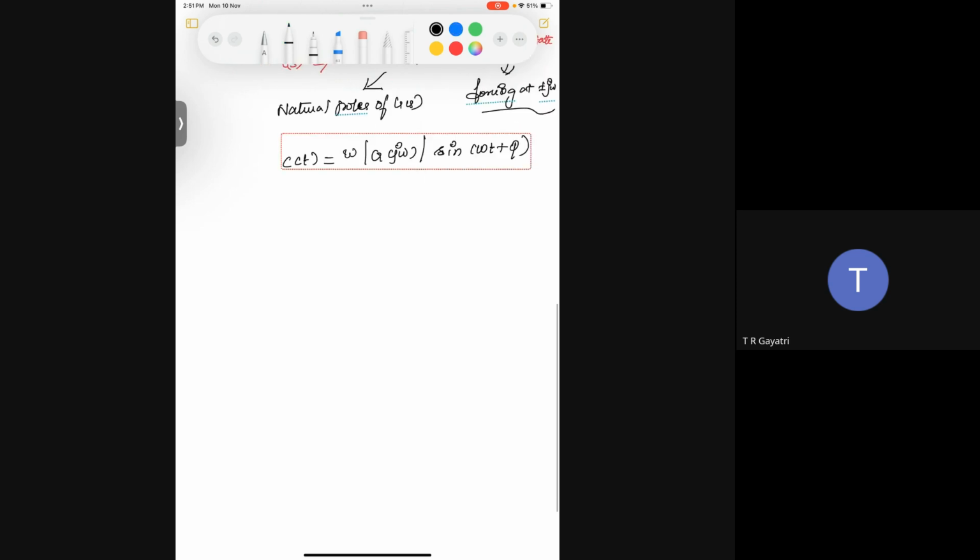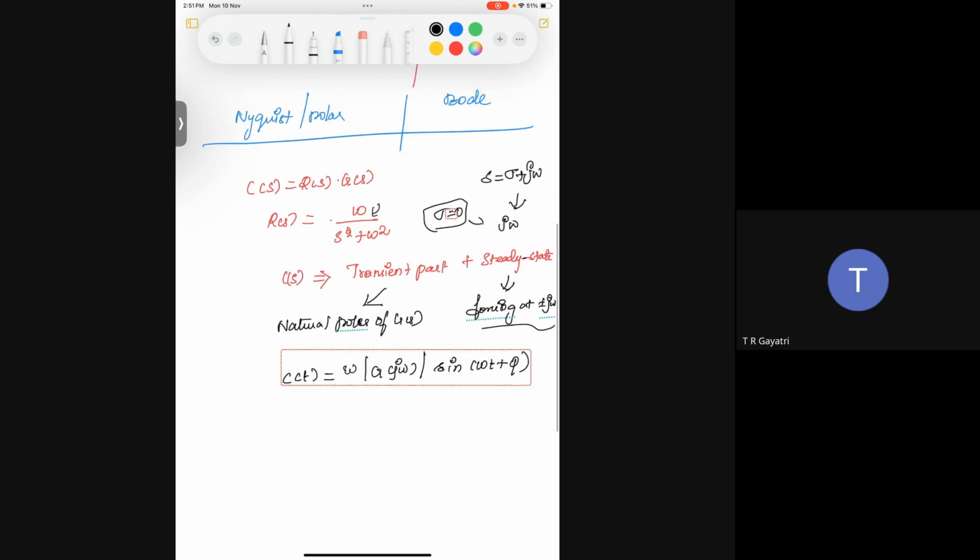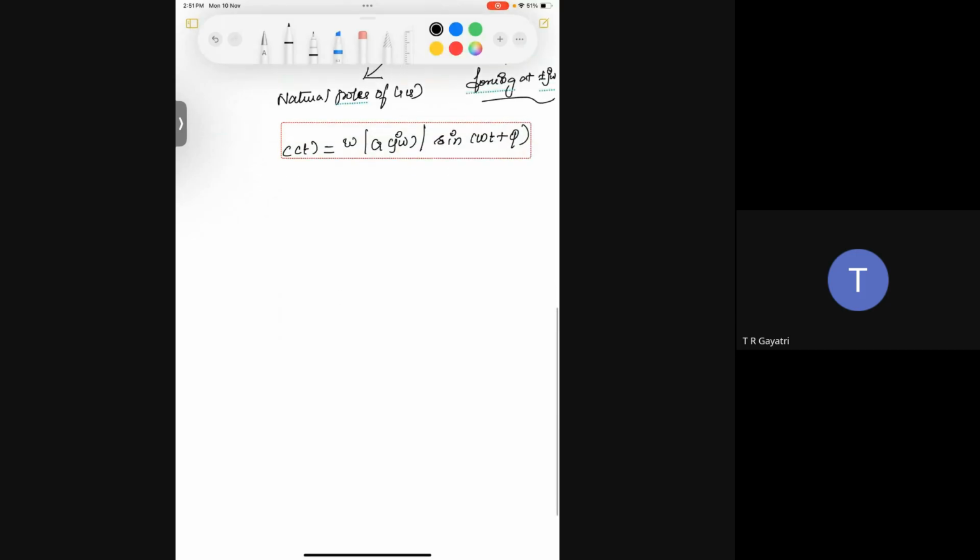Whatever part I consider here, it will come here. So this tells the nature of the system at each frequency you consider, ranging from 10 power 0 to 10 power something, to infinity.